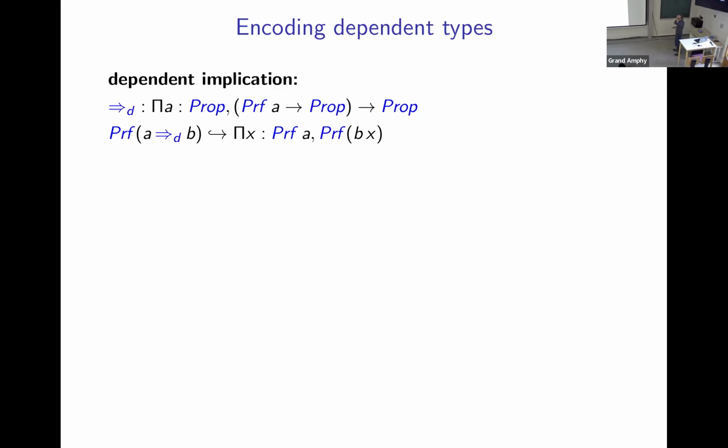So what's dependent implication? This is a dependent version of the implication. It means that for the second argument of the implication, you assume that you have a proof of the first argument. It may look a little bit strange, but actually this is what you can find in the PVS proof assistant.